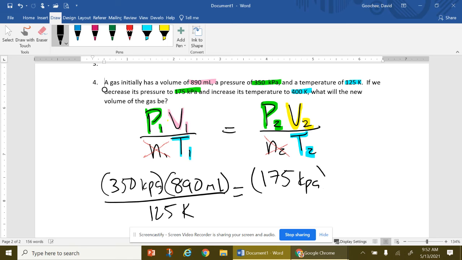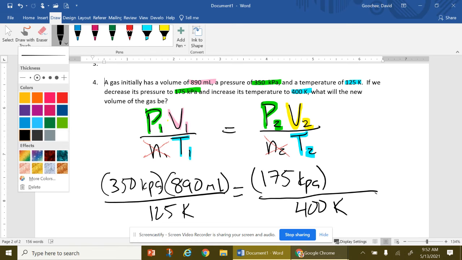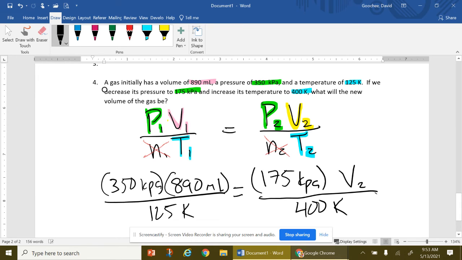By the way, the units match on both sides, so we're good to plug that in. We don't have to change any of these units because they're both kPa, all right? And the temperature on the bottom here is increased to 400 Kelvin. What will the new volume of this gas be? So again, we're looking for the volume here, okay?